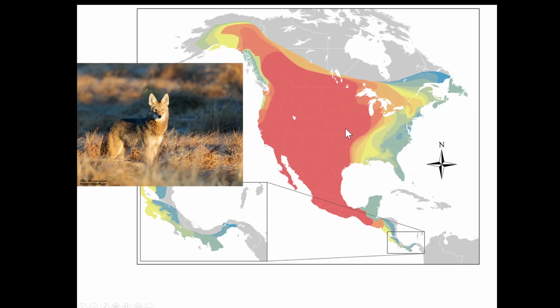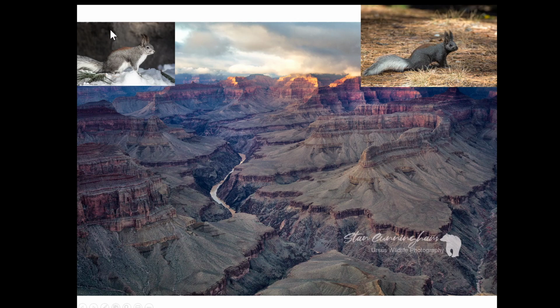Now what about this guy? He's just looking at you. He's not controlled by vegetation. He's not controlled by topography. They are everywhere. What we biologists call the coyote is a generalist, and we call the Abert or Kaibab squirrels specialists.